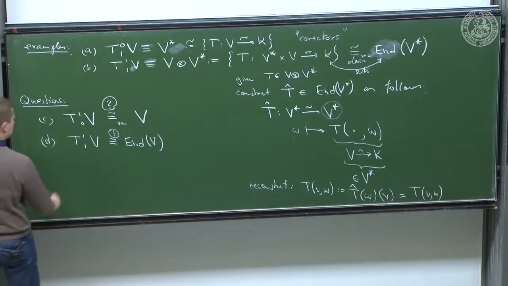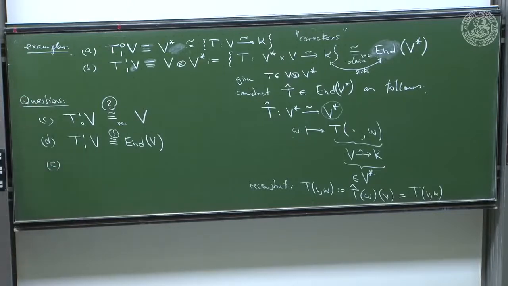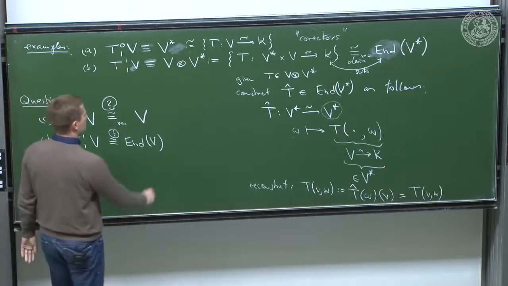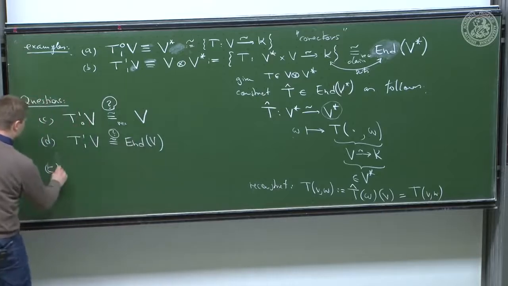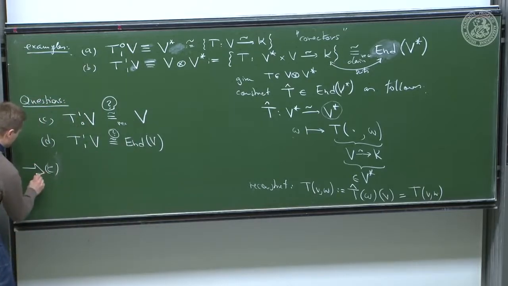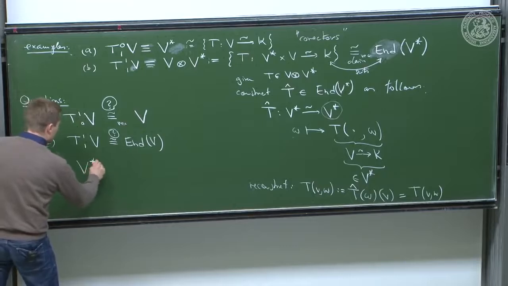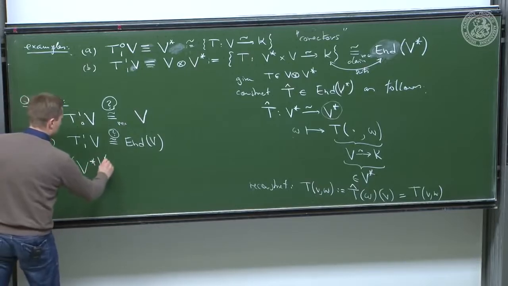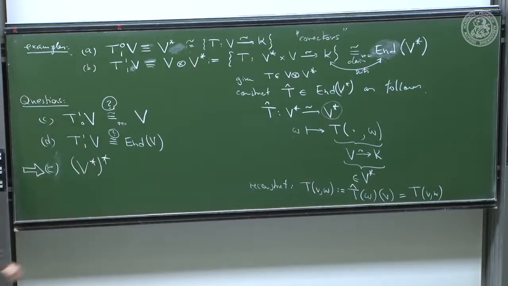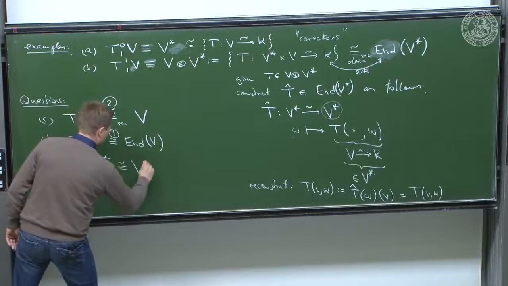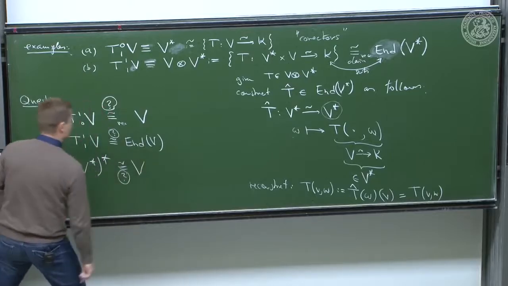Okay. And finally, and that's actually the fundamental question that links these two, this is the key thing to check: if you take the dual and then you take the dual of the dual, is it actually true that you get back the vector space?